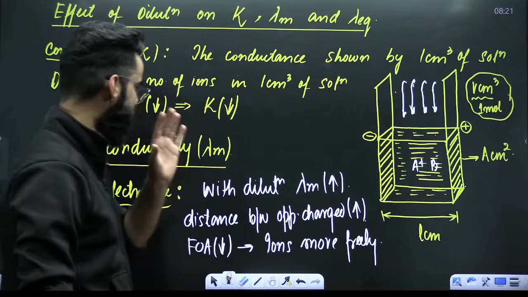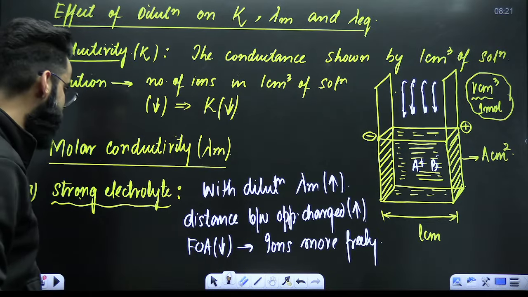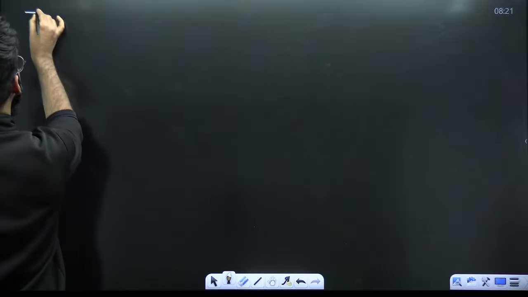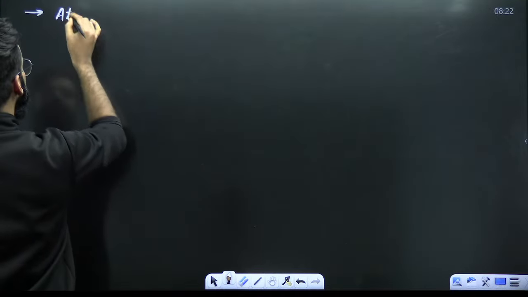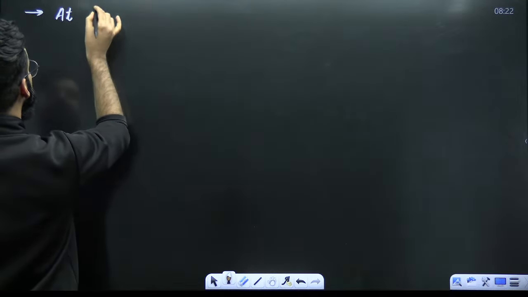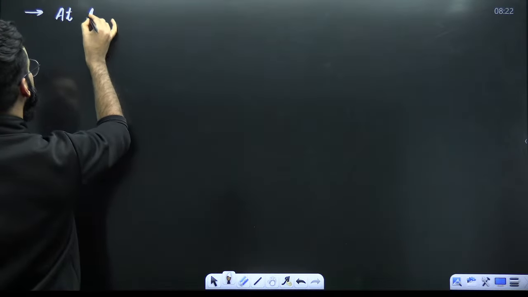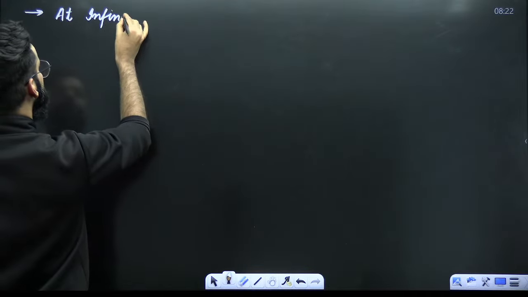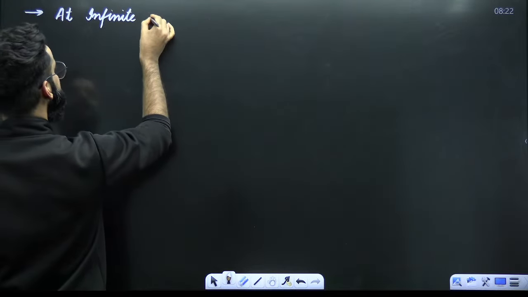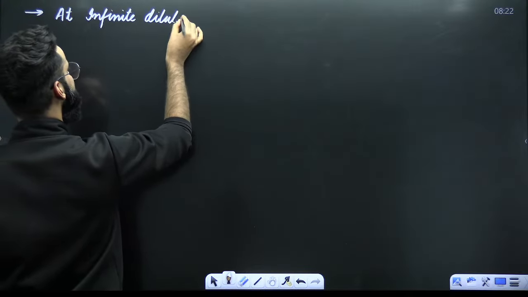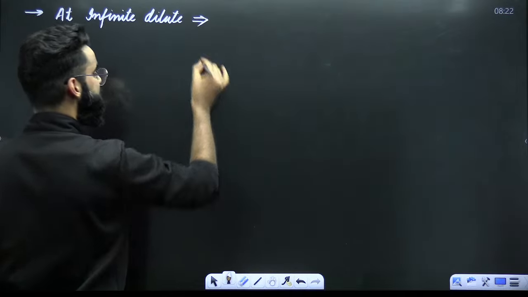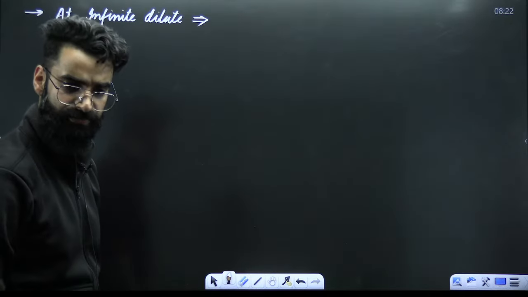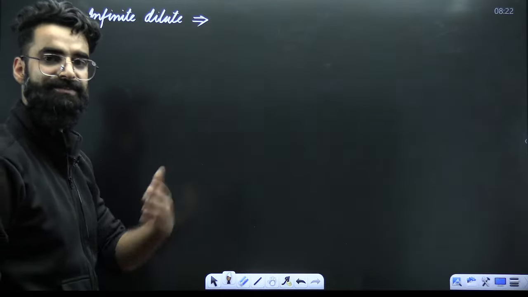Let me know once in the chats if you got the idea of what infinite dilution is. So I'll write it over here. If I keep on doing the dilution continuously, there'll be a point which is what we call infinite dilution. So at infinite dilution, distance between the ions is infinite. Force of attraction 0. Ions will move freely.